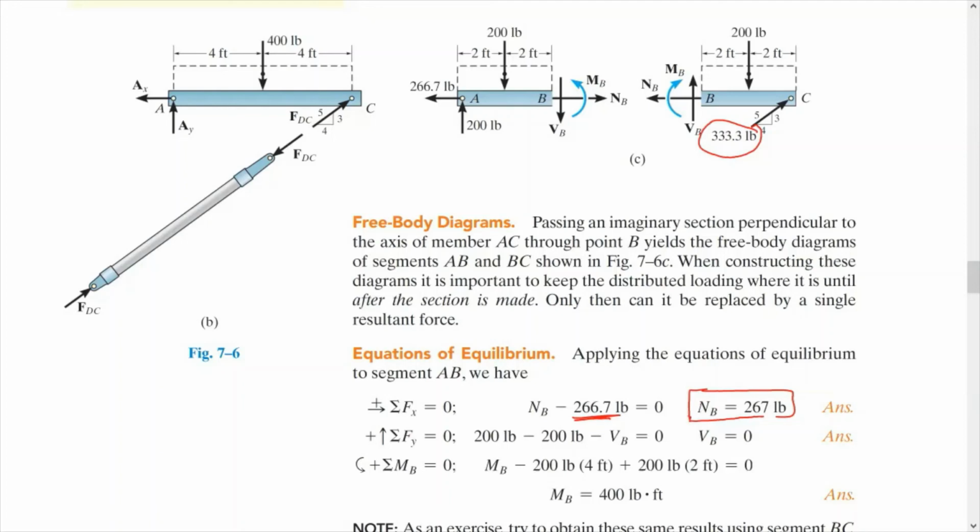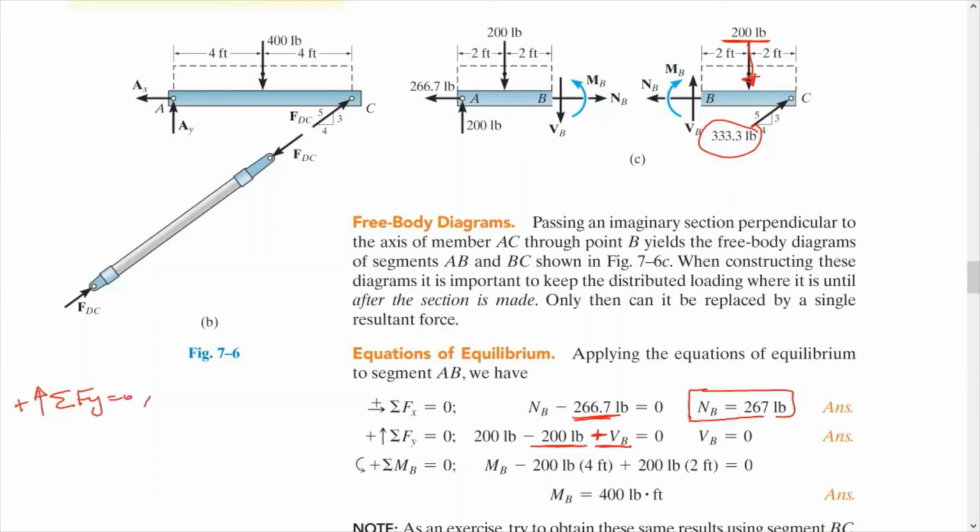Right now, similarly, if we take the summation of F_y equals 0, we have minus 200 pounds. It seems there's a mistake in this textbook. Let me do it again here. Summation of F_y equals 0, assuming positive upward.